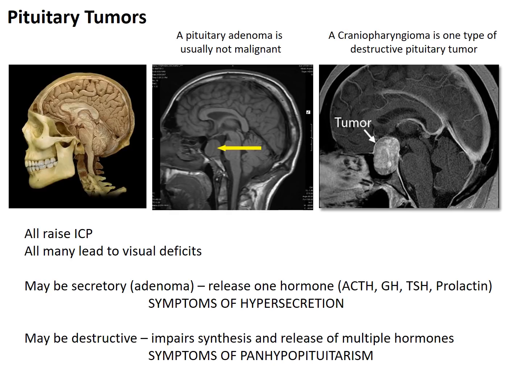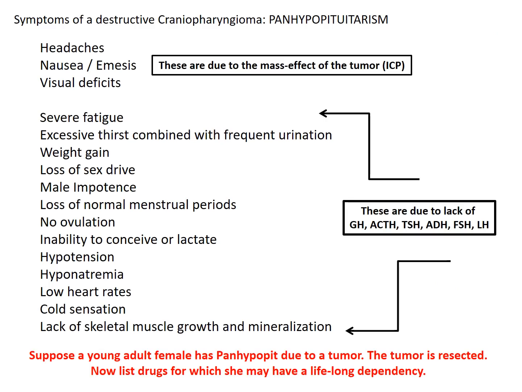And when multiple hormones are involved, when the individual is unable to release multiple anterior or posterior pituitary hormones, we refer to that as panhypopituitarism. Pan meaning all of it, right? Panhypopituitarism. All of the hormones are being affected. So let's talk about panhypopituitarism for a second.